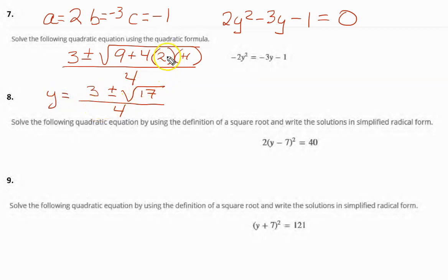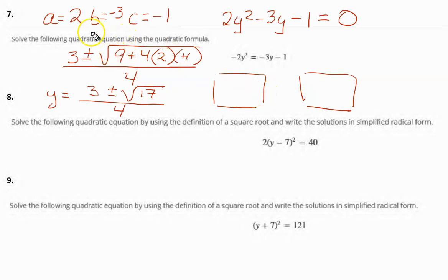Now, again, if they're asking you for the discriminant, it is going to give you, since it's positive, 2 real number answers. You click on that dot, and then they're going to give you 2 boxes to put your answers in. And as you put them in, you're going to go 3 plus the square root of 17 over 4, 3 minus the square root of 17 over 4, 1 in each box.